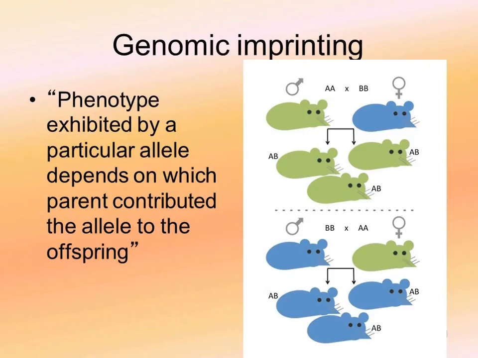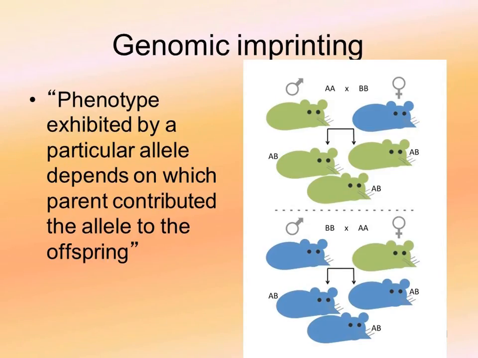When that particular gene has become inactivated, the organism is essentially haploid for that gene because it has only one working version. What's interesting about genomic imprinting is that the same gene turned off can produce a different result depending upon whether it was turned off in the male version of the chromosome or in the female version of the chromosome.